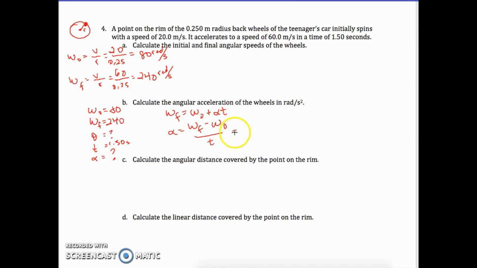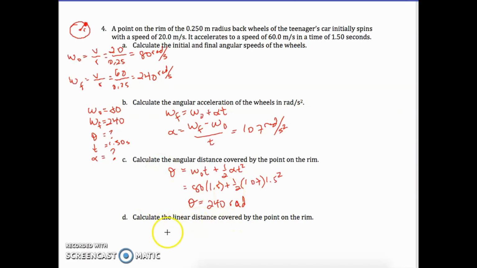And you can get 107 radians per second squared. And then we do the same thing for the angular distance covered. Starts out at 80, and we can use the angular acceleration once you find it to get 240 radians.